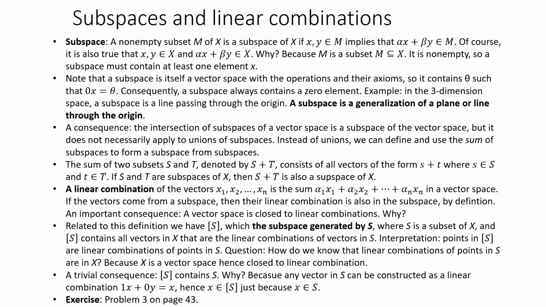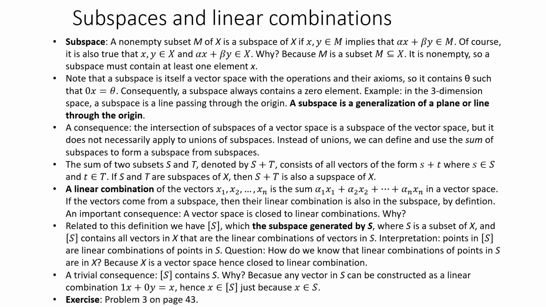It is trivial, but if we have a linear space with vectors, their linear combination must be in the same vector space, because linear spaces are closed with respect to scalar multiplication.